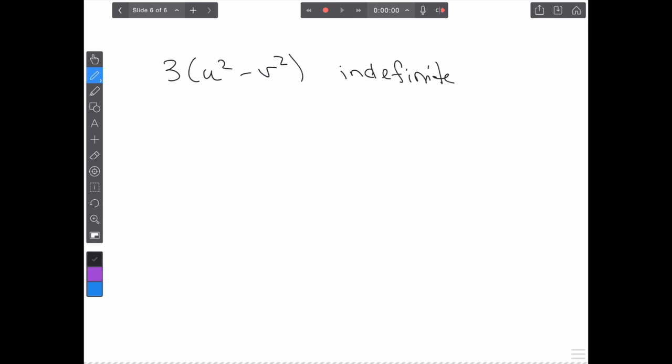Okay? It's a saddle. It has one direction that curls up and one direction that curls down. Now, if I have 3 times u squared plus v squared, this is something we call positive definite.